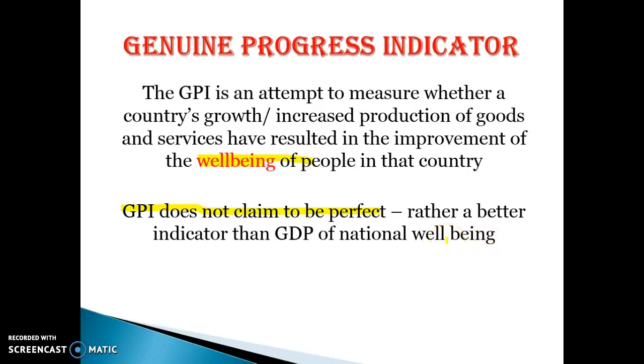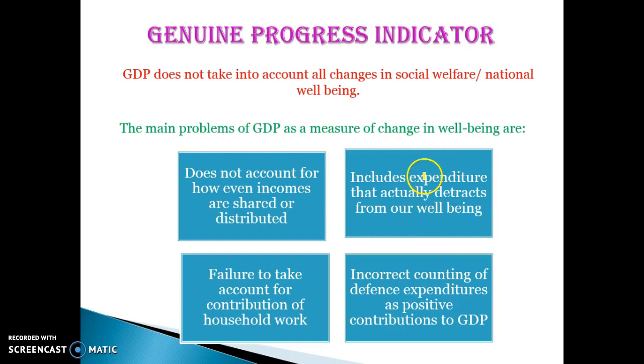So it came about because people decided that GDP was an inadequate measure of living standards. GDP does not take into account all changes in society, social welfare or national well-being. Some of the problems with GDP as a measure of living standards is it doesn't take into account how evenly incomes are distributed.